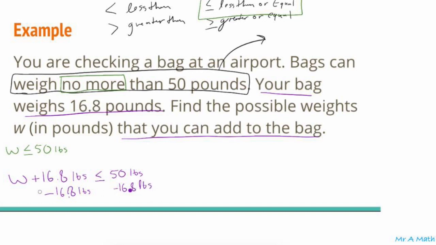And so my answer after I do that would be W is less than or equal to, and if I punch in 50 minus 16.8 into my calculator, I'll get 33.2 pounds. So this is the expression that I am going to be graphing on my number line. So let's make a number line.